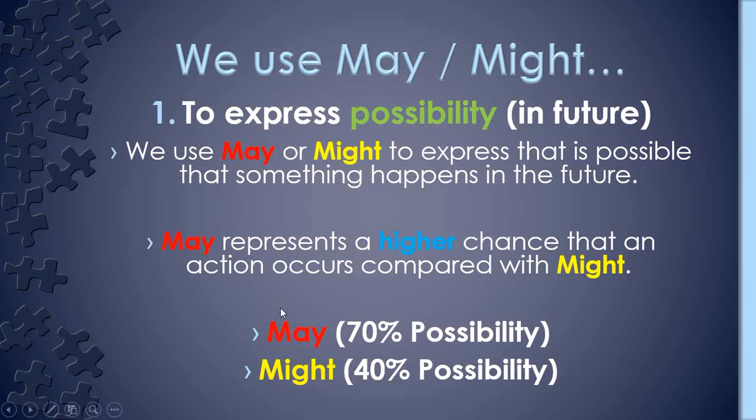As we can see here, may represents, for example, a 70% of possibility, while might represents a 40% of possibility. That is the difference between may and might when we are expressing possibility in the future.